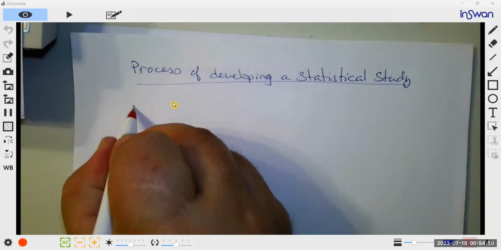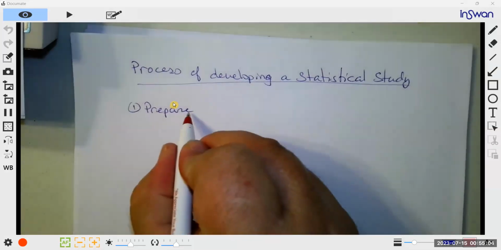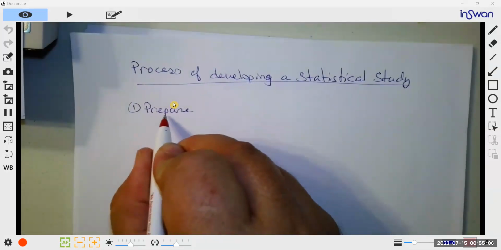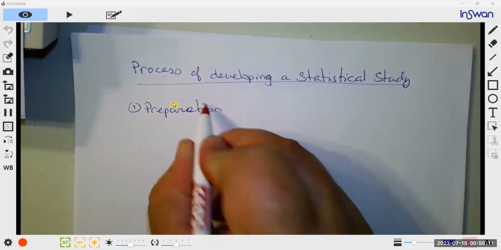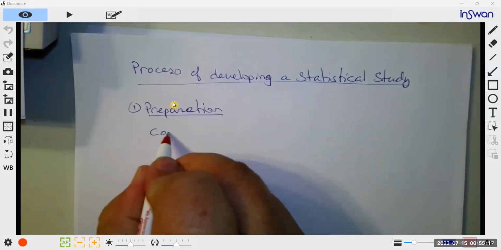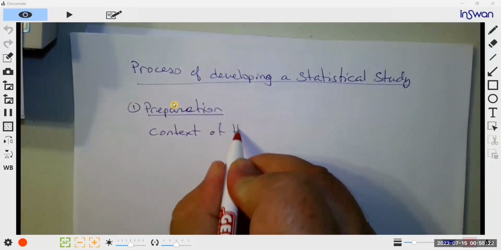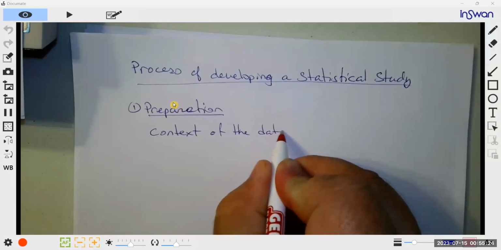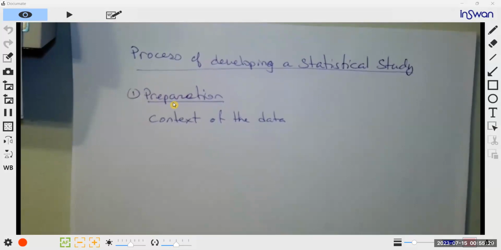So first step, our preparation. We have to look at something called the context of the data. In other words, what type of data are you going to collect?